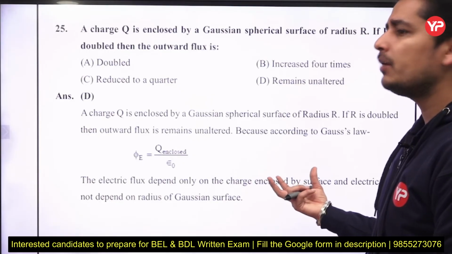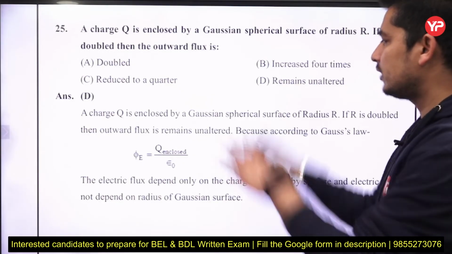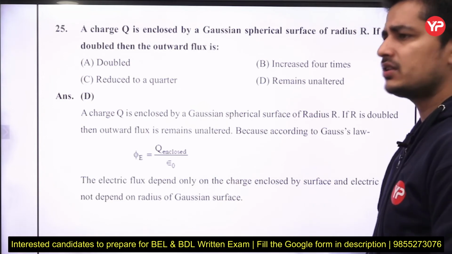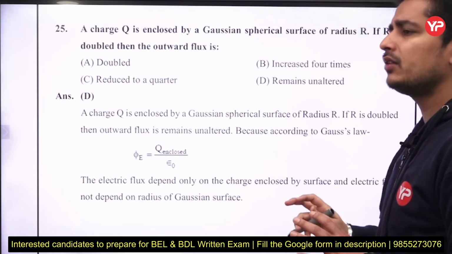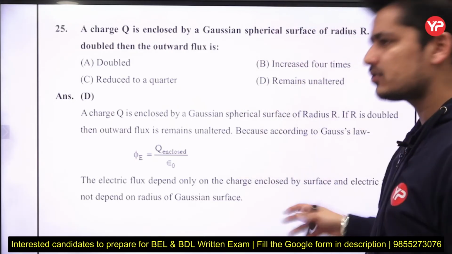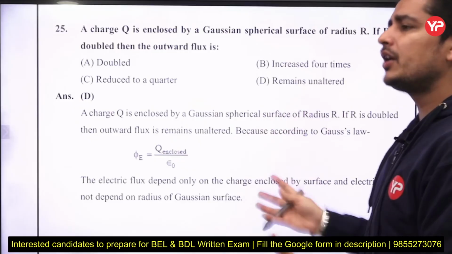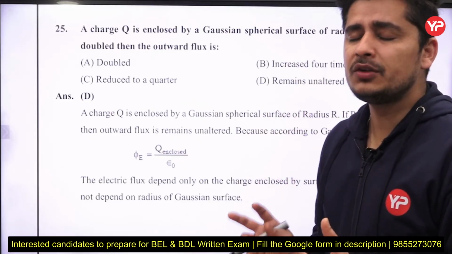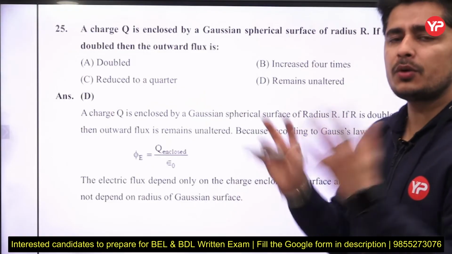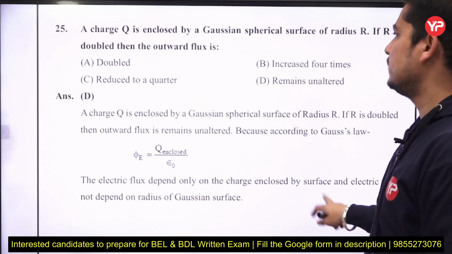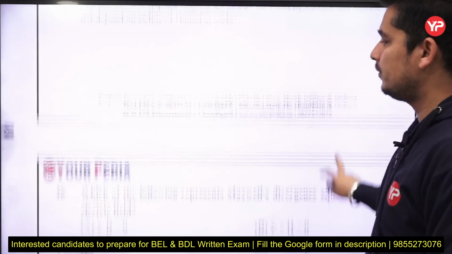It will not depend on the shape of your surface. Whether the radius is small or large, it will depend only on how much charge is enclosed. So the charge will remain the same. If your radius is increased, charge will remain the same, so flux will remain unchanged, right? That is the main thing here.